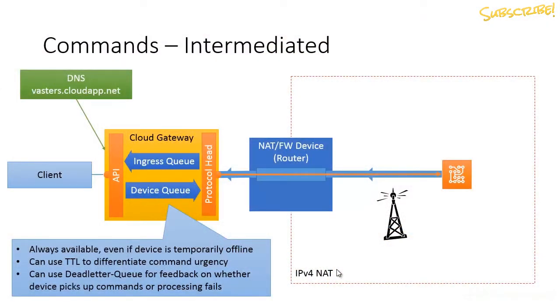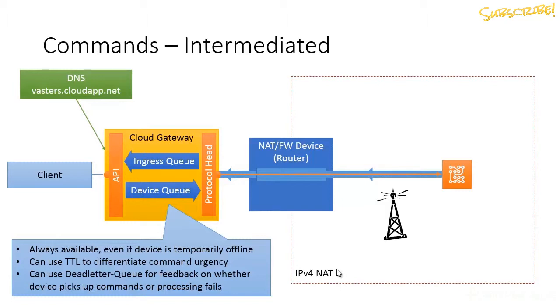And then you can use the dead letter queue, another facility that hangs on the queue, to go and pick up whenever a device cannot pick up its messages, because they expired. If the TTL expires, then you can know which commands were delivered or which were not.